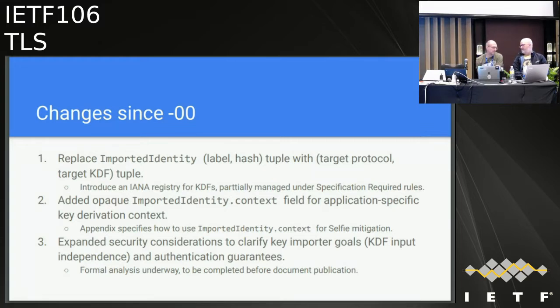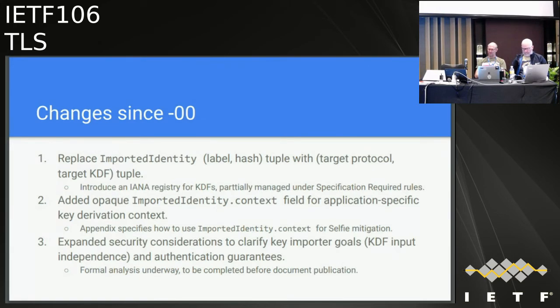There was a new registry defined in the document for identifying these KDFs. Currently, it's just the TLS 1.3 KDFs, and if we have more in the future for TLS 1.12 or whatever, we could add them as needed. We also added a new slot to the import identity struct, this opaque context field, primarily to help mitigate and deal with the selfie attack. So the idea is that if you have a deployment in which selfie is relevant, fill out the contents of this context field accordingly.